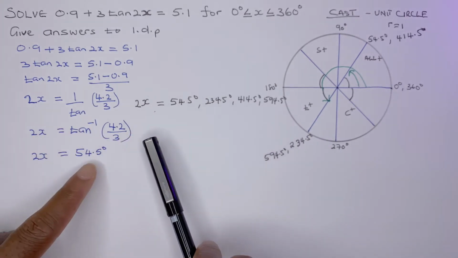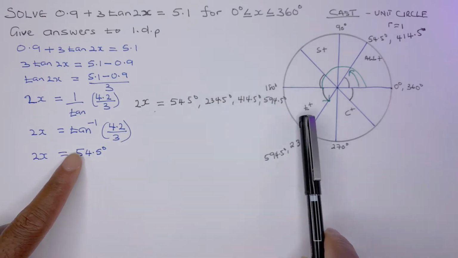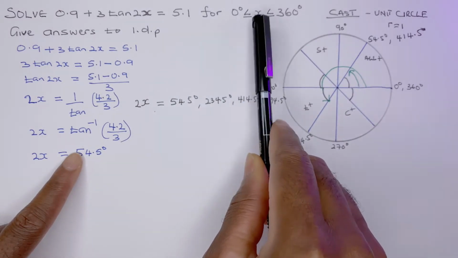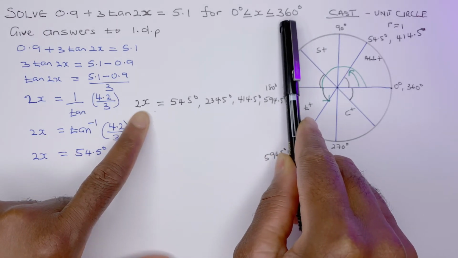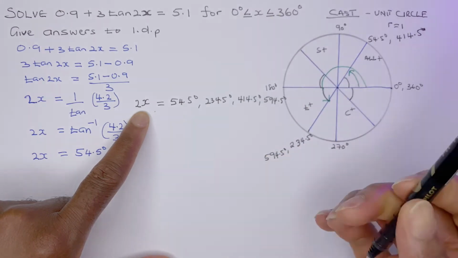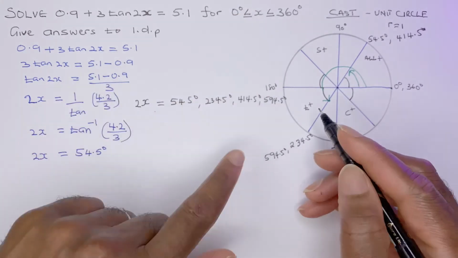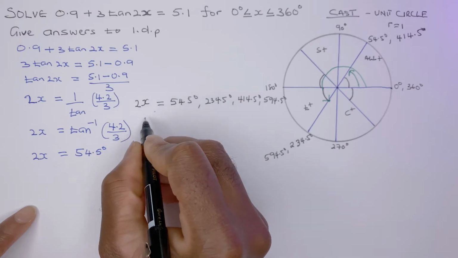So the range for 2x is 720 degrees, because if you multiply 360 by 2, that will be 720. But we want just 0 degrees to 360 degrees, so we have to divide by 2.